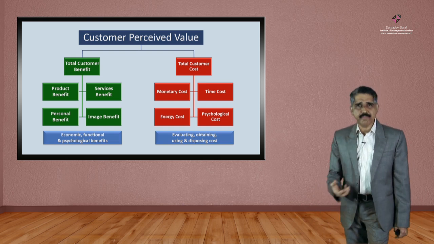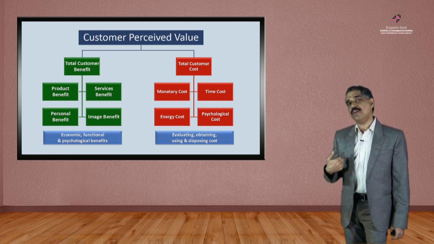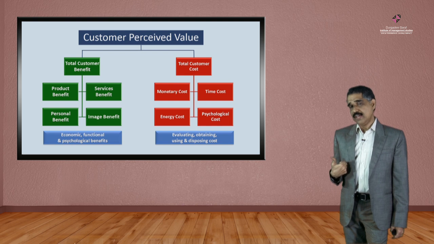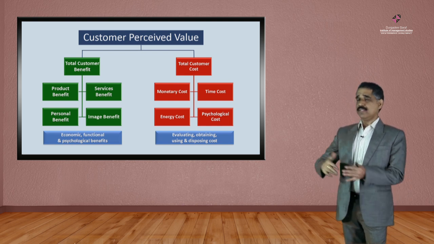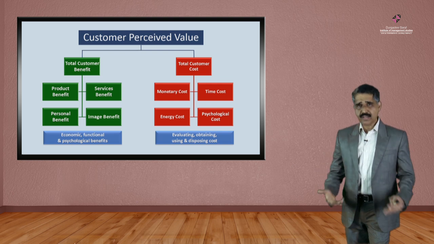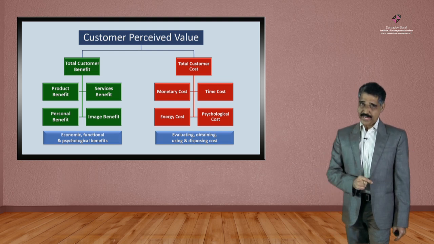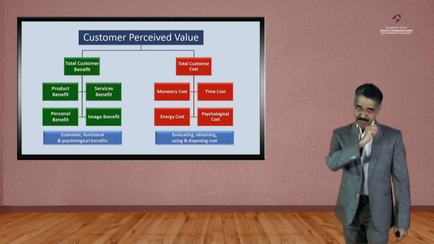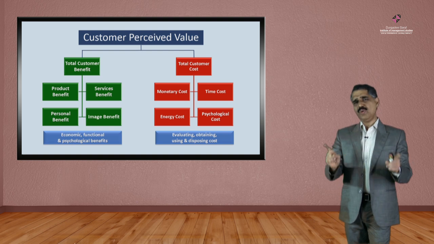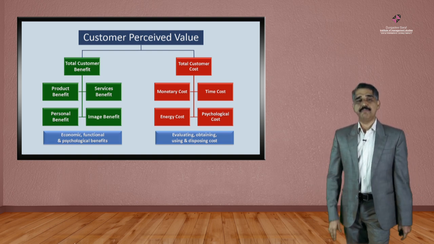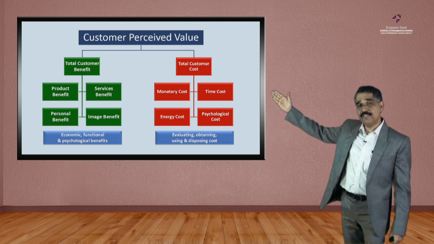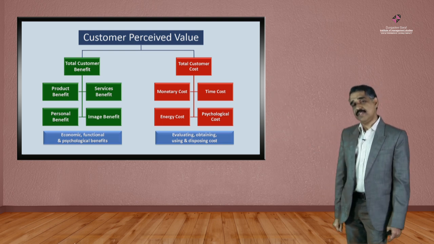If I buy a brand that gives me a sort of image, I consider that a benefit vis-a-vis another product that is unheard of. So this is where the brand name comes in. So you have total customer benefit that comprises 4 aspects: product benefit, service benefit, personal benefit, and finally image benefit.